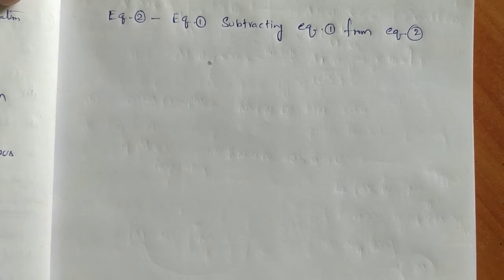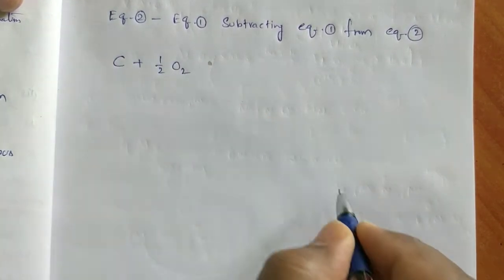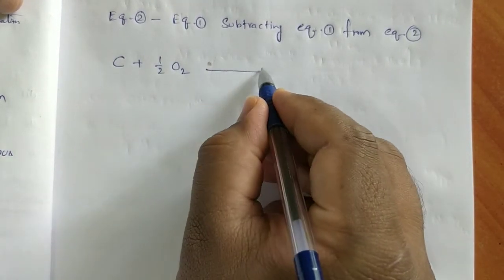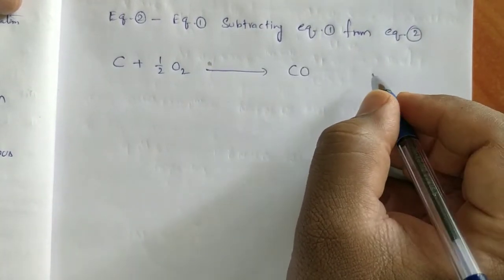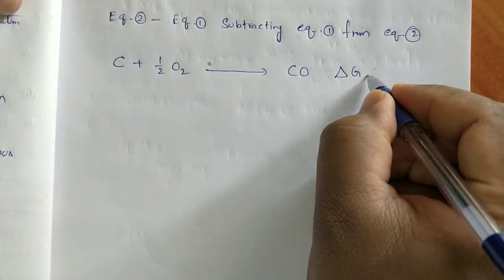Then I am going to write it as C plus half O2 gives rise to CO, delta G of C comma CO.